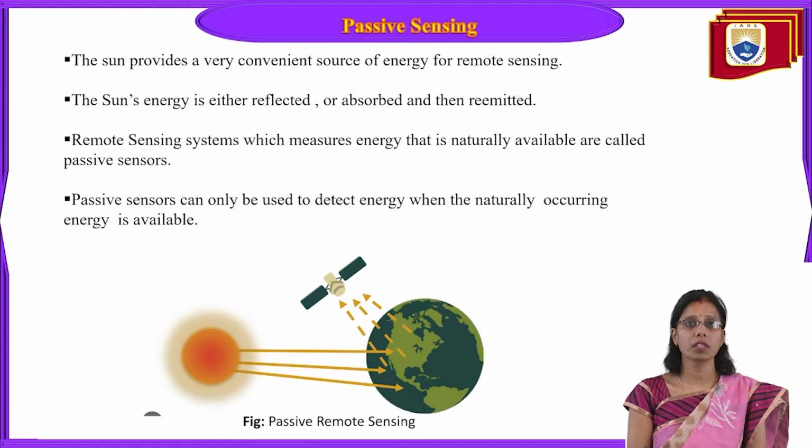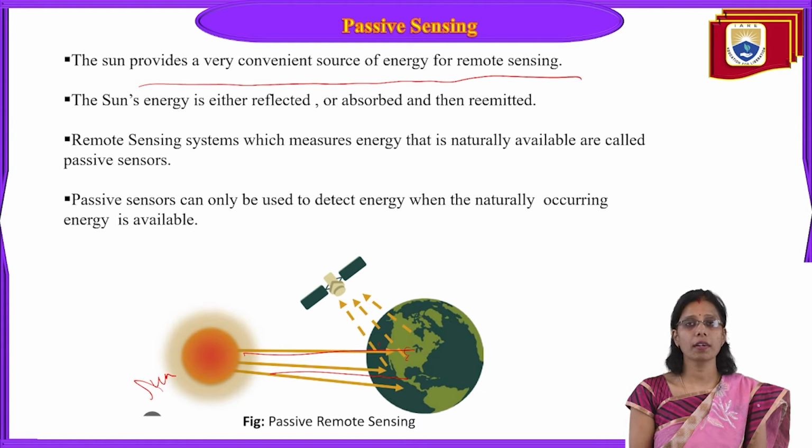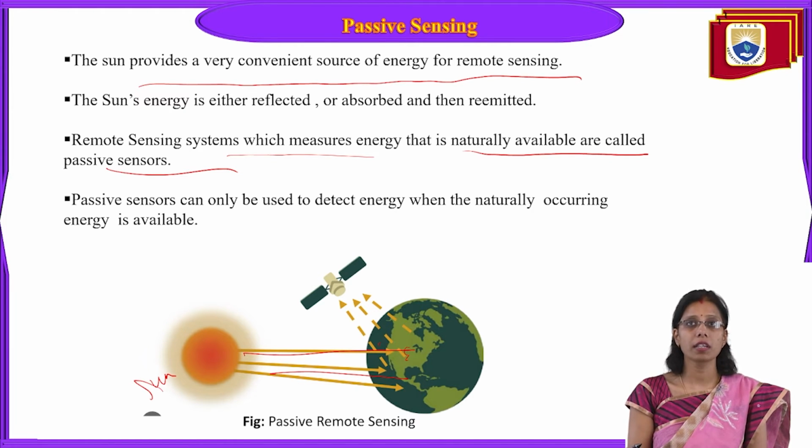Now about the passive, just now what we have discussed is passive means it needs sun energy, it needs sunlight to capture the information of the ground surface. The sun provides a very convenient source of energy for remote sensing. Sun energy is either reflected, absorbed, or emitted. So remote sensing systems which measure energy that is naturally available are called passive sensors.